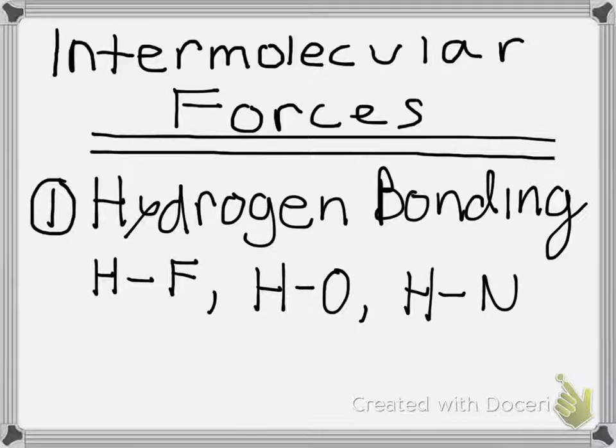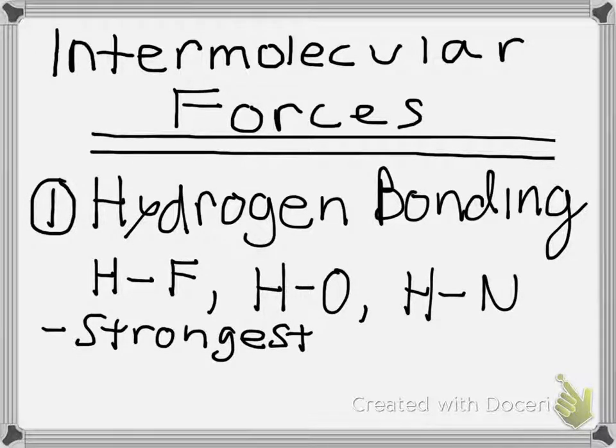All this really is a dipole that is very strong. And it's important to know that hydrogen bonds are the strongest of the 3 intermolecular forces we're going to be discussing. And I'll go ahead and draw an example here. We'll use your typical water molecule.